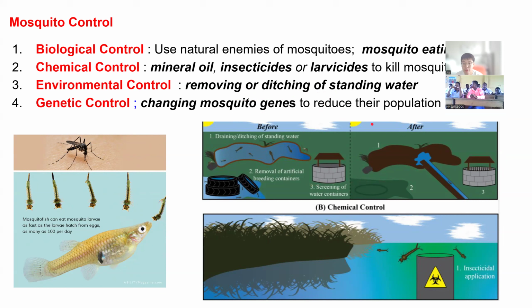So it is preventing mosquitoes from breeding at all by removing water. So it's completely removing spots for mosquitoes to be able to breed and to lay eggs.